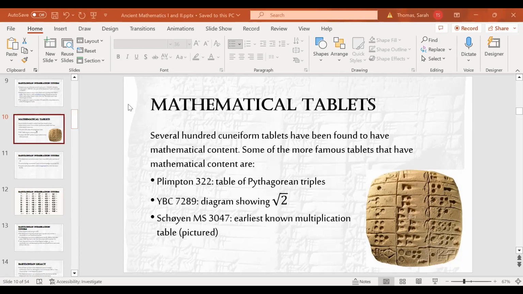How accurate was it? The Babylonians, their fractions and stuff were accurate to like 4 decimal places. But remember, they were only doing surveying math or engineering math, and they did not have tolerances and things like that to deal with.